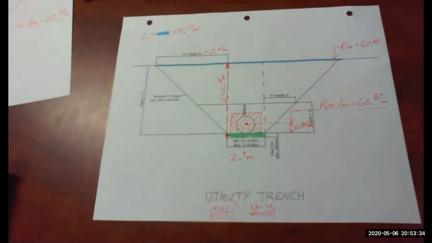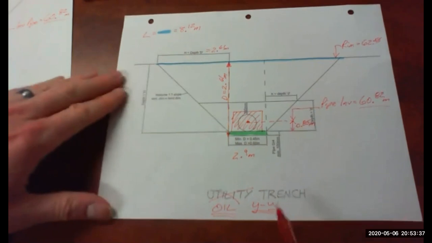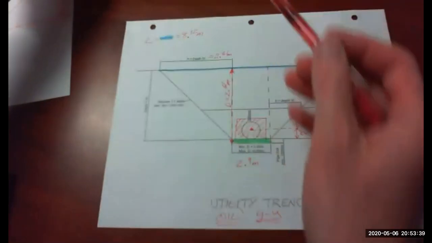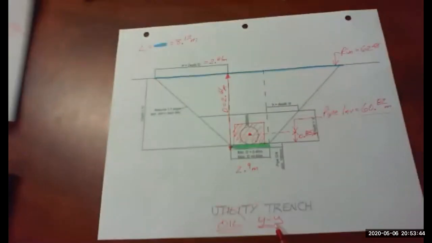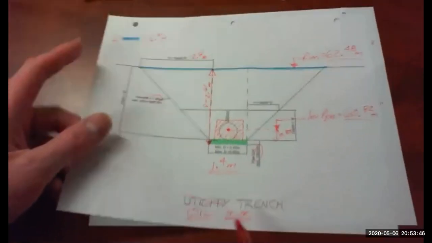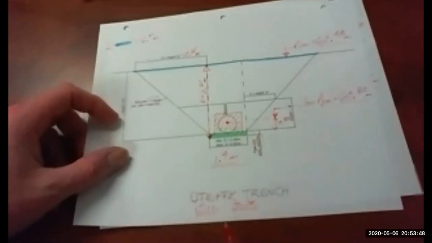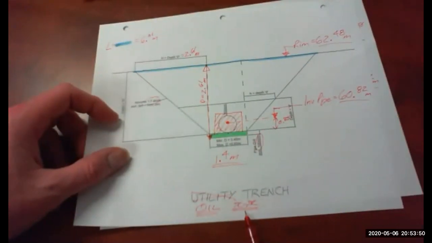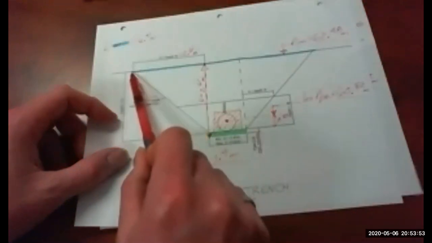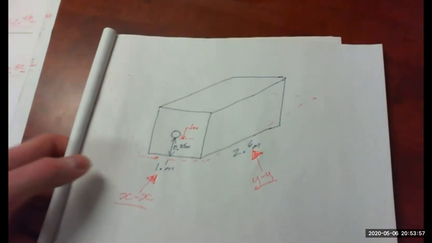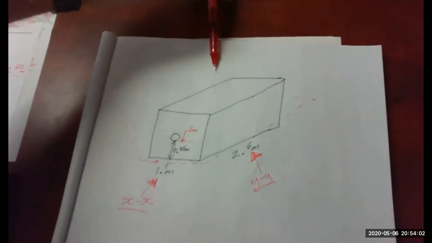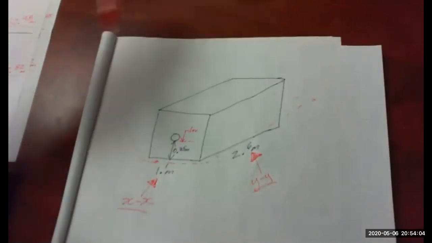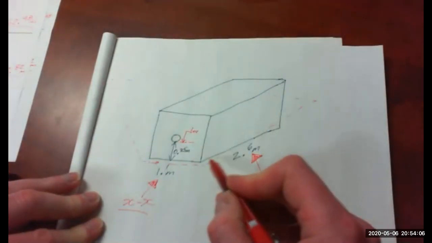Okay, so it's the same calculation that we did before. So what we're going to do is we're going to use this length in our Y direction and this length in our X direction. If we multiply those two numbers together, that gives us the area looking down on the top. That's the excavated area. So with these 1-to-1 slopes going up, right?